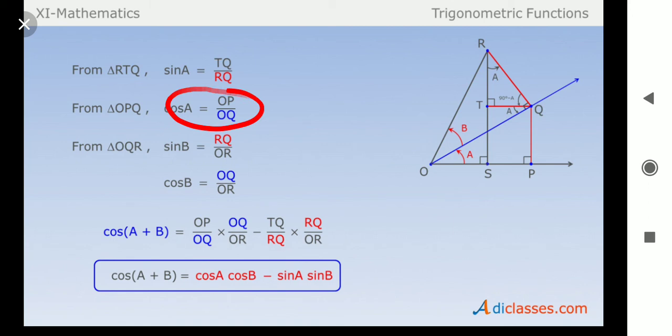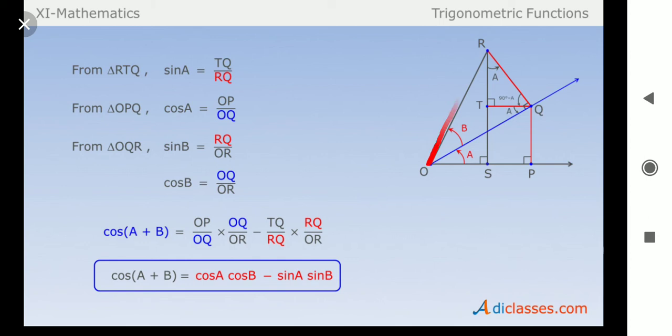In the same way, we will talk about cos B. Where is cos B? In this triangle, see this triangle. What is OQ by OR? Here is the angle B, beta. This one is the perpendicular, this one is the base, and since this one is the right angle, its opposite side will be the hypotenuse.